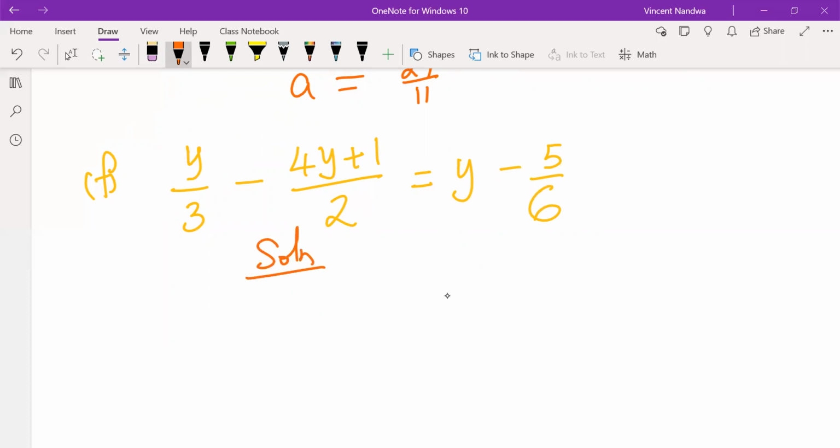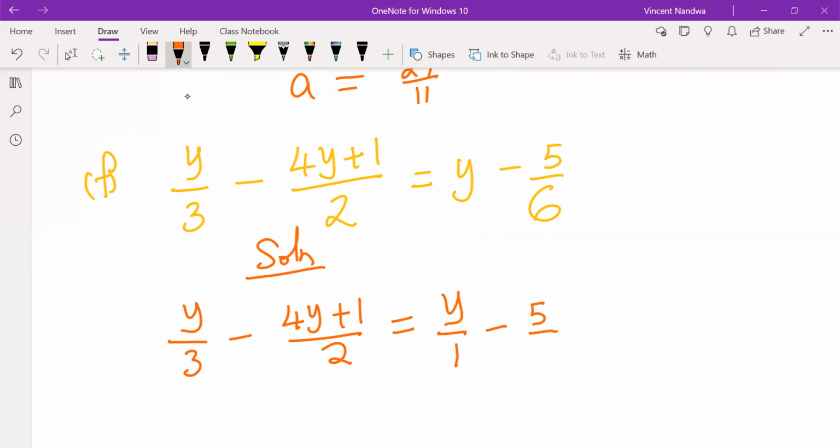So this can be written as y over 3 minus 4y plus 1 over 2. Now this can be written as y over 1 minus 5 over 6. So we have the LCM of the denominators 3, 2, 1, and 6 is 6.